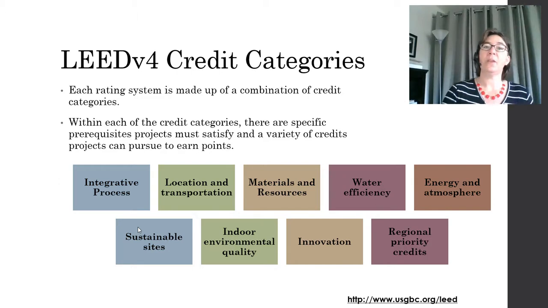And within each credit category, there are prerequisite points, which means points that a project must have in order to proceed. And there are optional points. And so you need to hit all of the prerequisites first and then move into the optional points in order to earn your LEED rating.